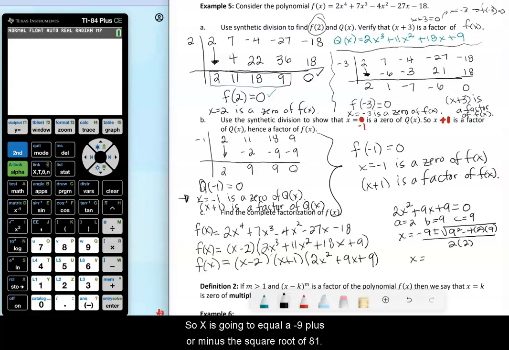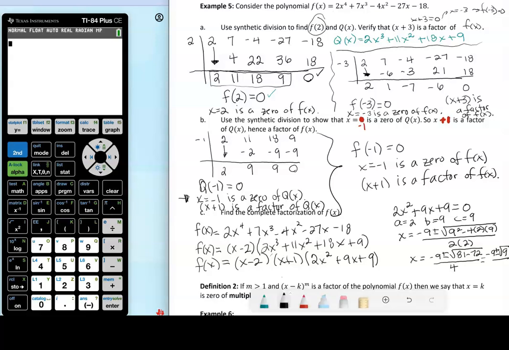So x is going to equal a negative 9 plus or minus the square root of 81 minus 4 times 2 times 9, which is 72. So 81 minus 72 over 4, which is a negative 9 plus or minus the square root of 9 over 4, which is equal to a negative 9 plus or minus 3 over 4, which then separates into two numbers.